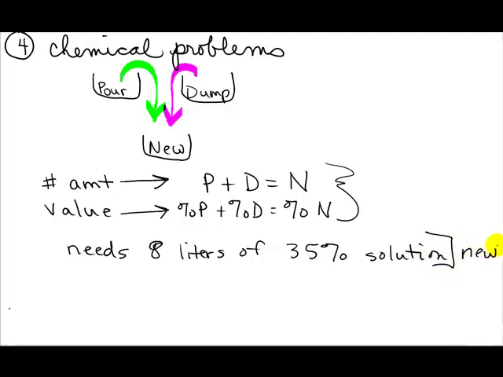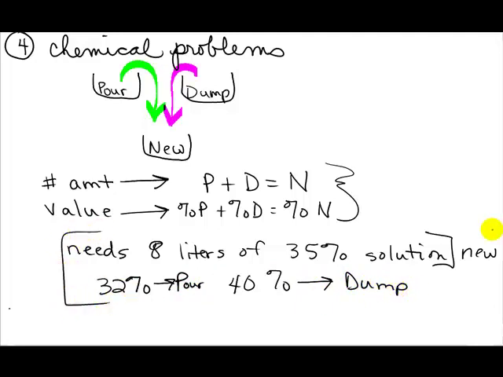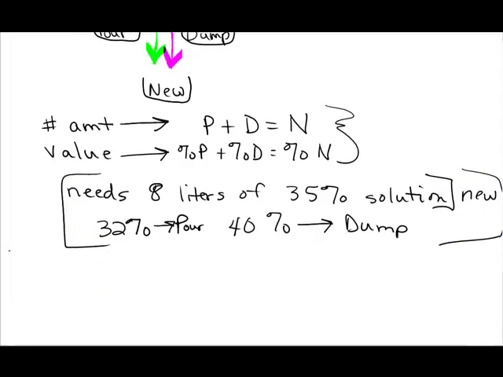This is the new. Then it tells us that Dimitri had a supply of a 32% solution and a 40% solution. So this is what we're going to pour, and this is what we're going to dump. Okay, so this is the information that we need from the word problem.